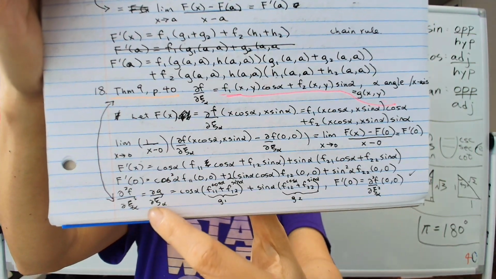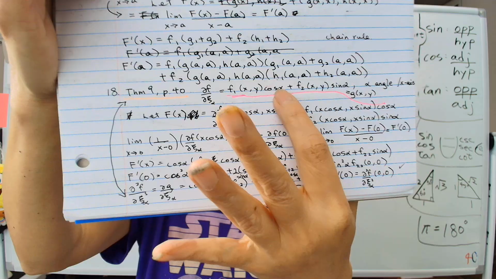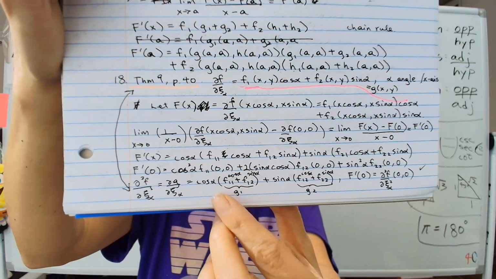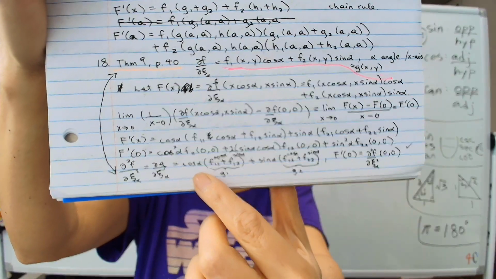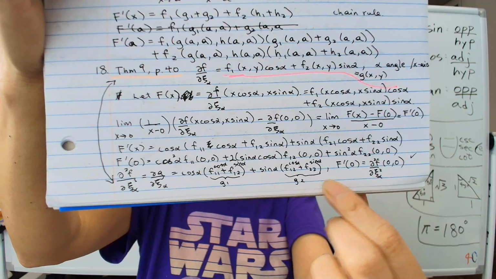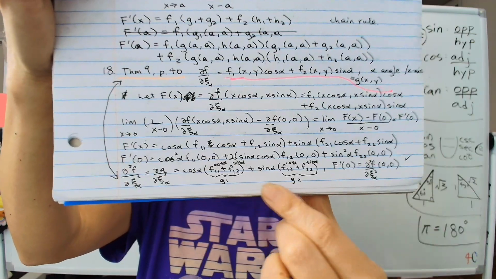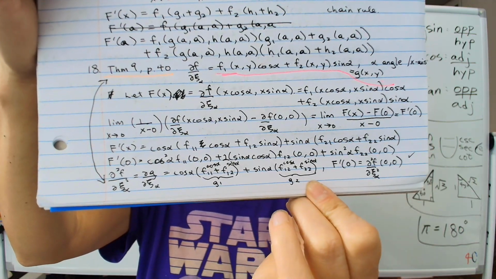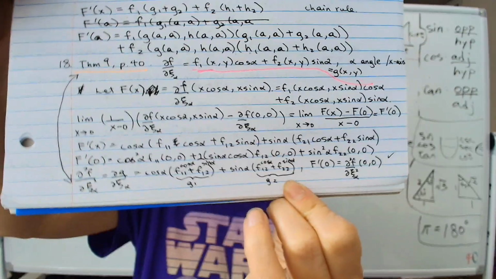Okay, so bearing that in mind and plugging things in, we'll have this pile of stuff. Please do this yourself. This is slightly confusing, but if you think carefully, it would all come out.